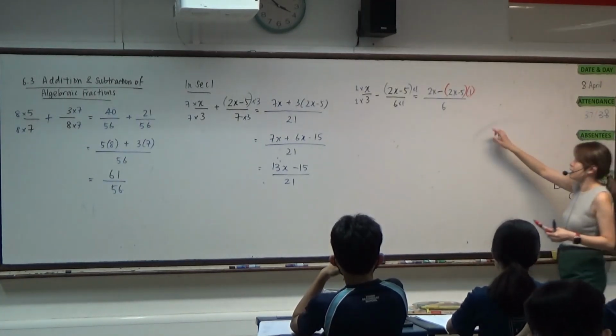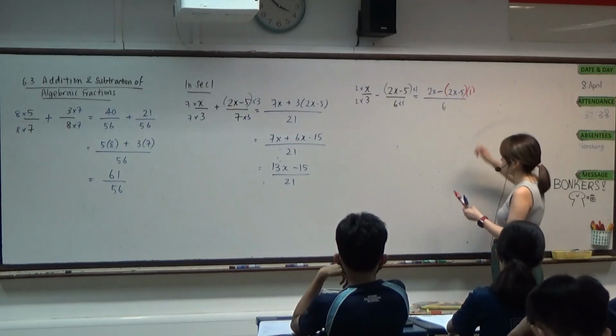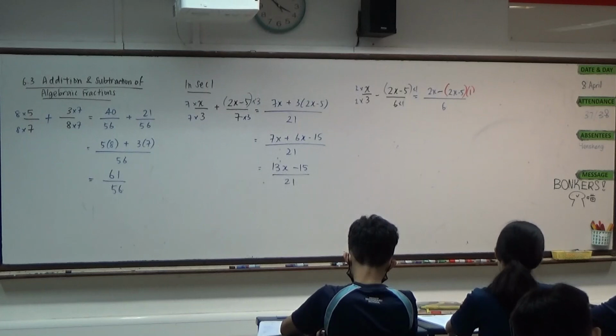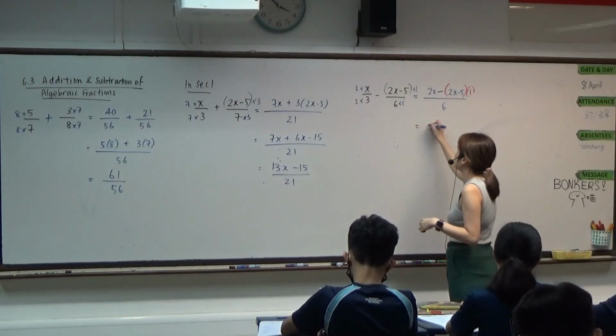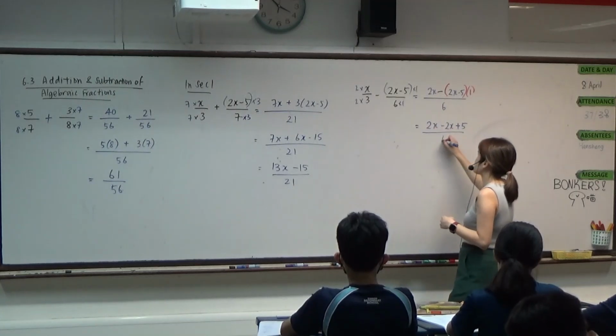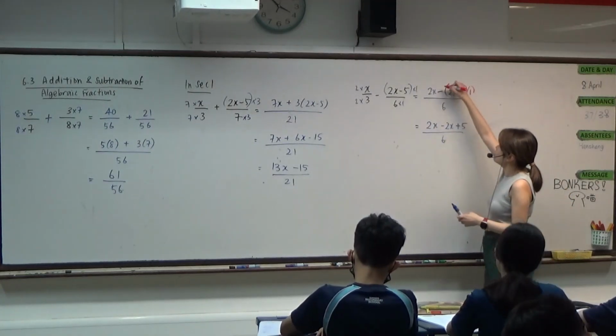This matters because when I open up the brackets, I'm going to get 2x minus 2x plus 5 over 6 due to your rainbow.